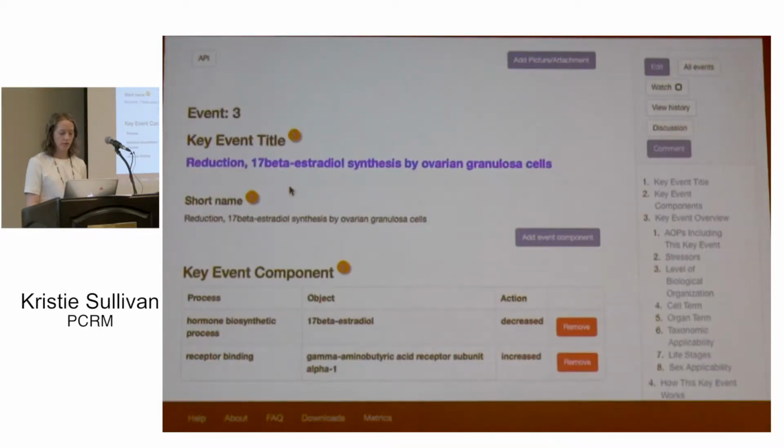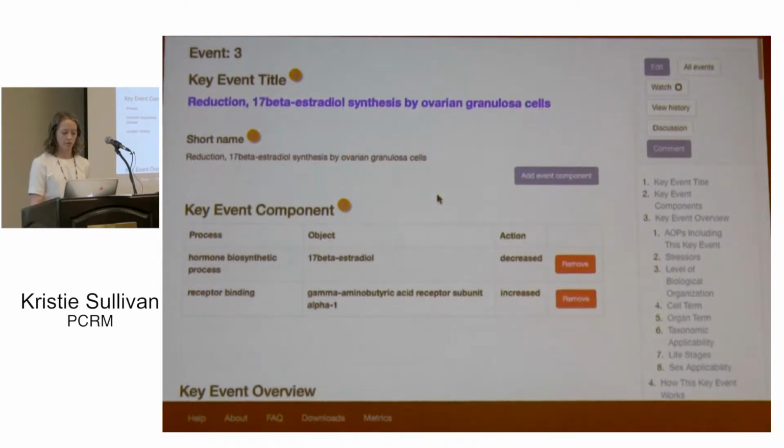If you look at this key event, reduction of 17-beta estradiol synthesis by ovarian granulosa cells, it's really specific. They have this information called a component. To make sure that the information entered is consistent across key events and across AOPs, the new version of the wiki is trying to implement these classifications.